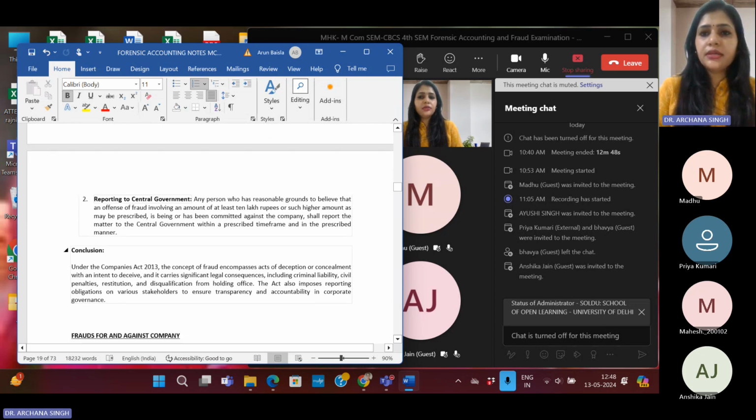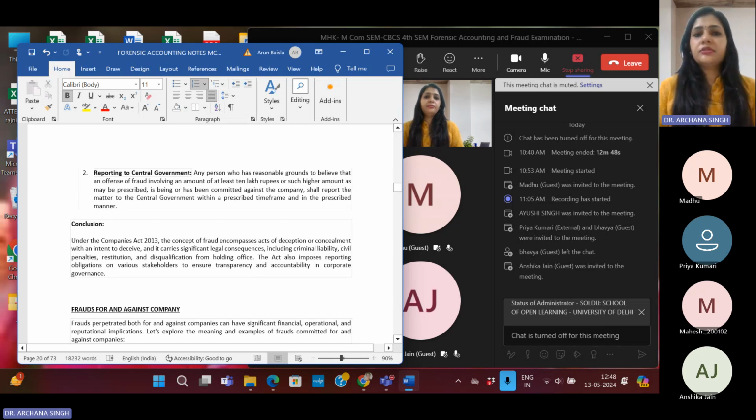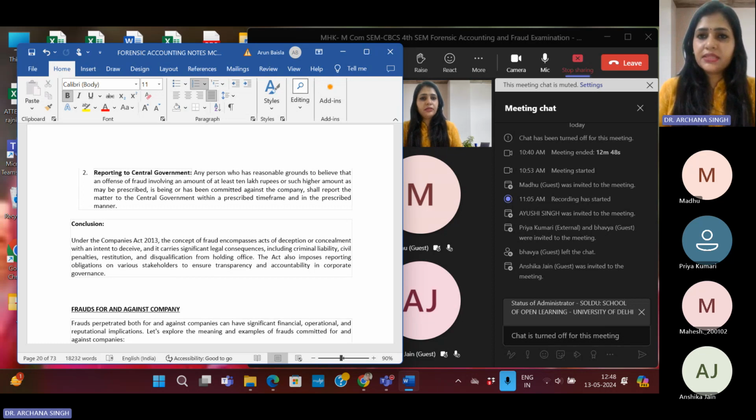Second is reporting to the central government. Any person, whoever it may be, on reasonable grounds, if they believe that an offense of fraud involving an amount of rupees 10 lakh or such higher amount as may be prescribed has been committed against the company, shall report this matter to the central government within the prescribed time frame in the prescribed manner.